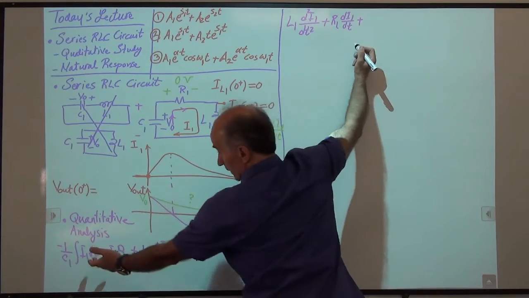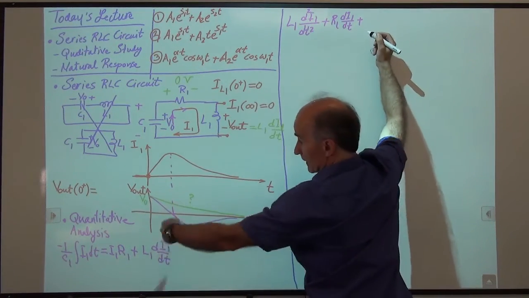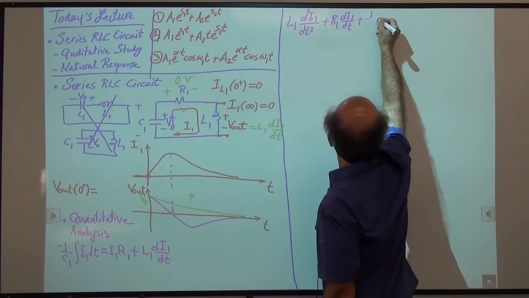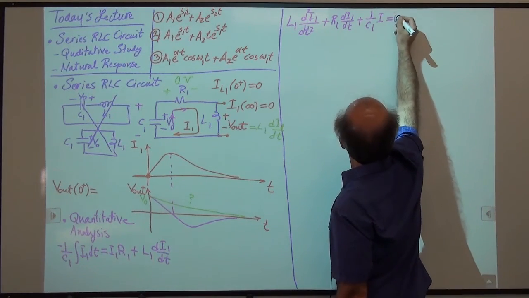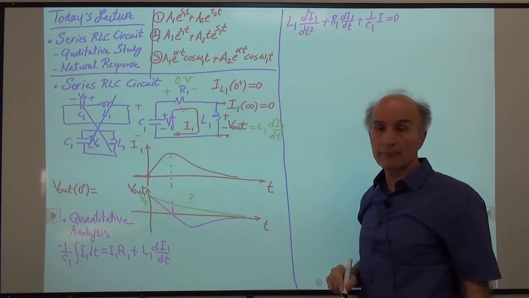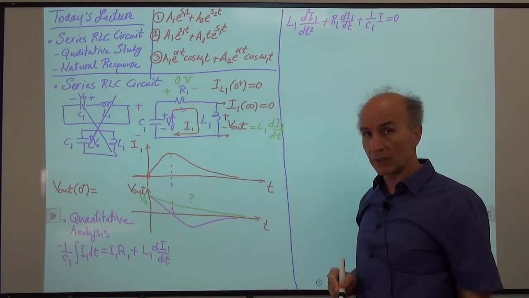And finally, this comes to this side, it gets a positive sign: 1 over C1 i is equal to 0. All right, so that's our differential equation.